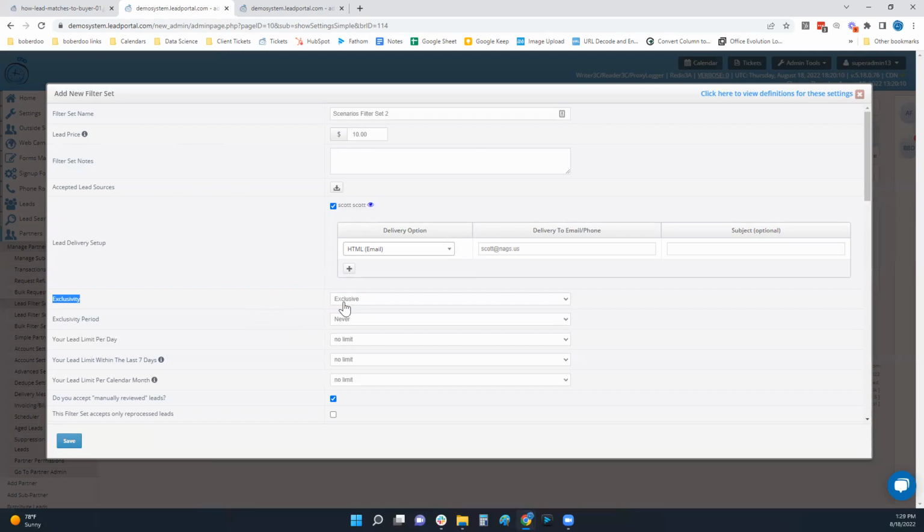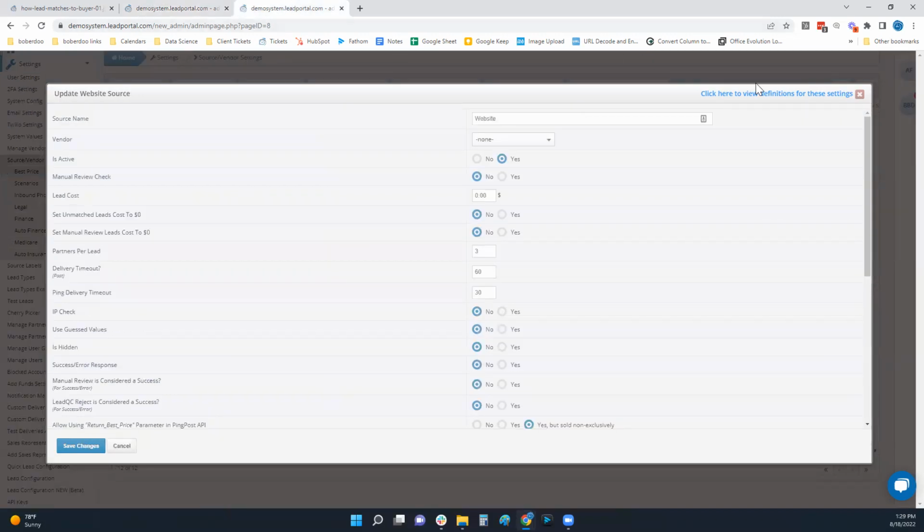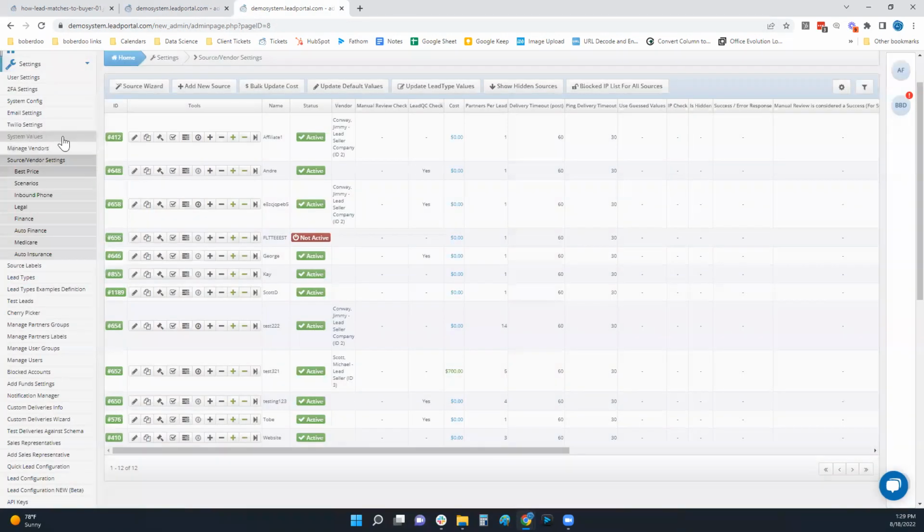And then compare that against the sum of the matching filter sets with exclusivity equals none, up to the maximum partners per lead. So again, in this website, up to 3 times.